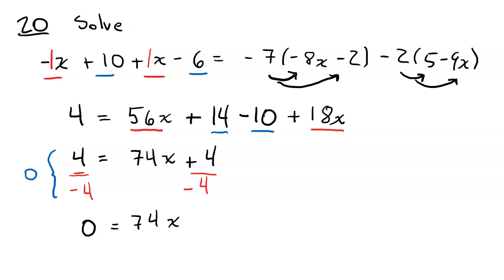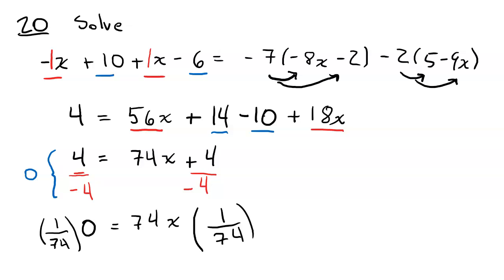So how do we do this? Remember that we have the multiplication property of equality, which just tells us that we can divide this side by 74 and divide this side by 74, or multiply by the reciprocal of 74. Either way you want to look at it. Now you may freak out, but don't, because we can't divide by 0, but we can divide 0 by something.